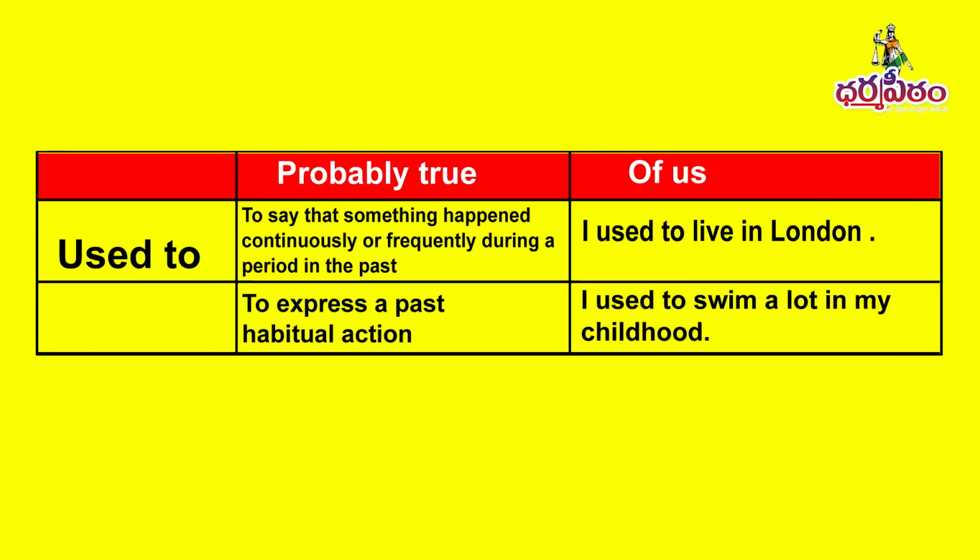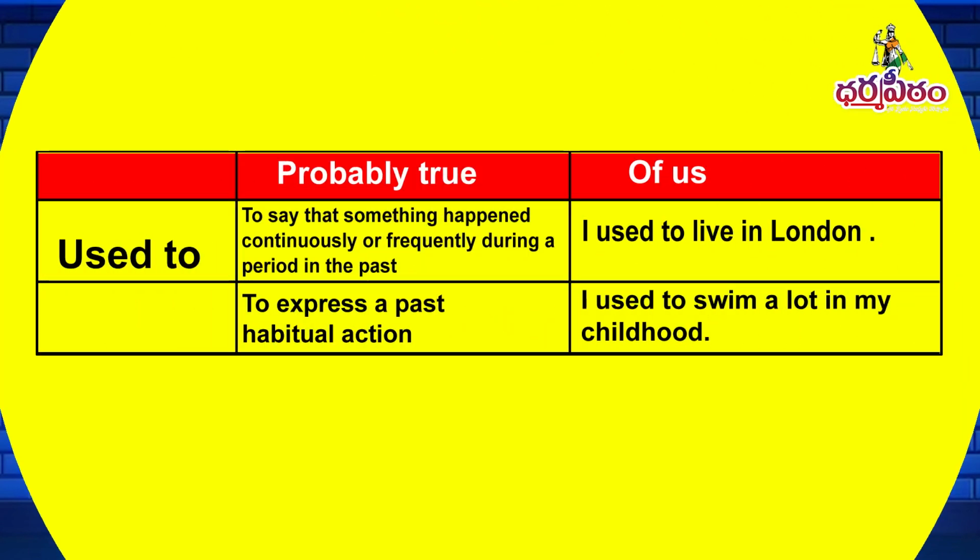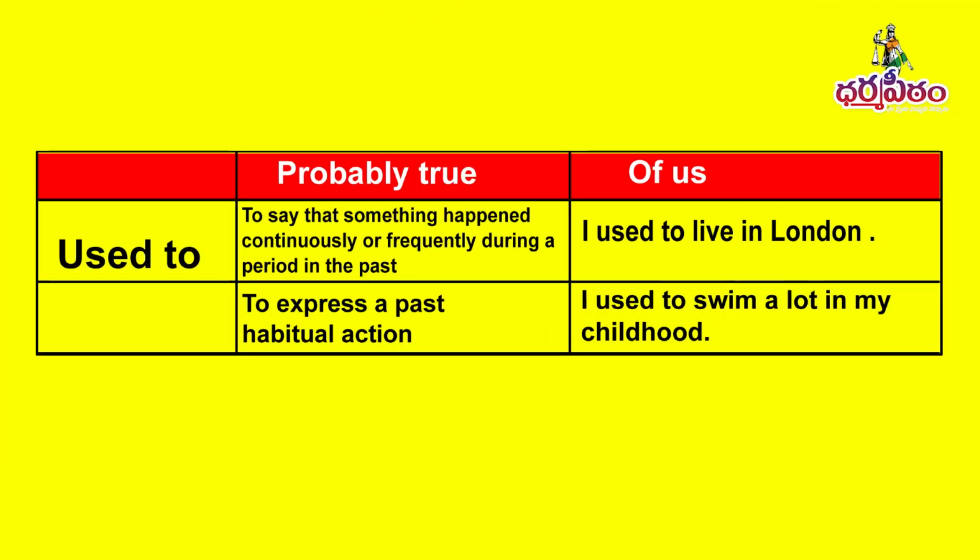Now, used to. Used to is used only in the past tense and there is no present tense form for used to. Remember this point. Then, to express something that happened continuously in the past.